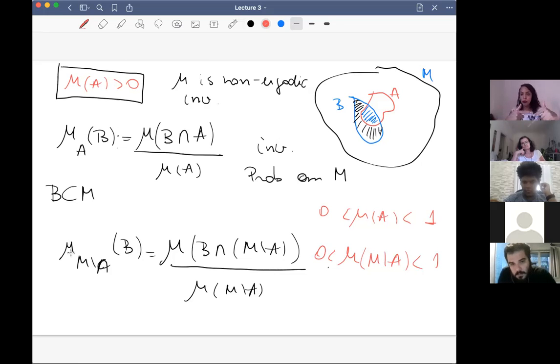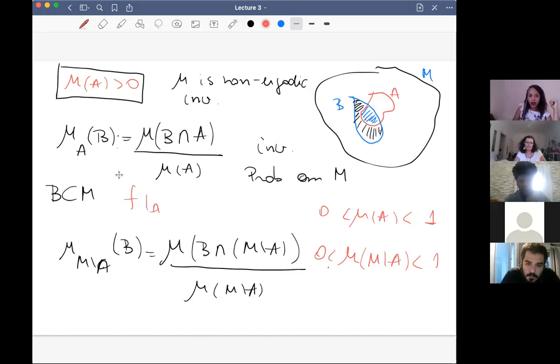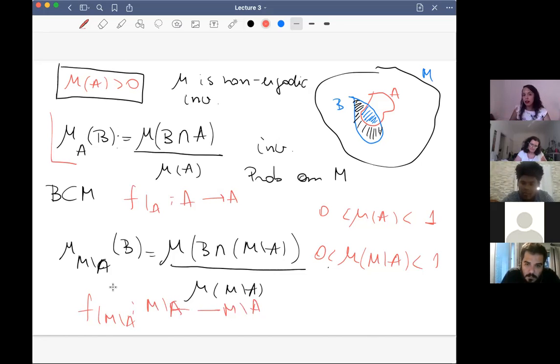So these are also invariant probabilities. Now you have 2 invariant probabilities, and you could study F restricted to A with mu A, and F restricted to M minus A. A is invariant, no? So F restricted to A goes to A, and F restricted to the complement of A also goes to the complement of A. So then you have 2 dynamics.